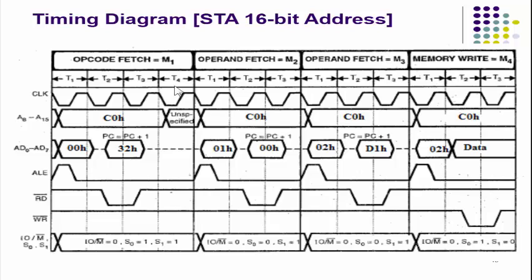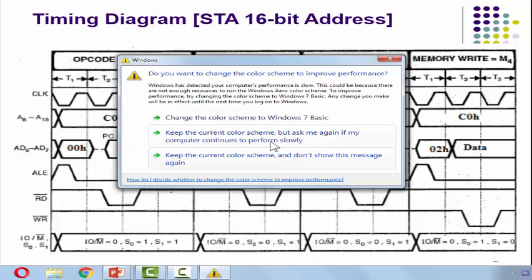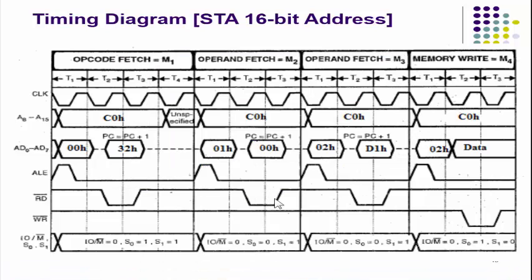Then to fetch the opcode for the STA instruction, its opcode is 32H. So read bar signal made low in T2 T state. Okay, then after reading of the opcode from the memory, program counter get incremented and read bar signal made high. Okay, after fourth T state he will jump to the next machine cycle.